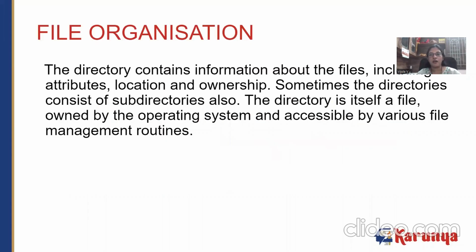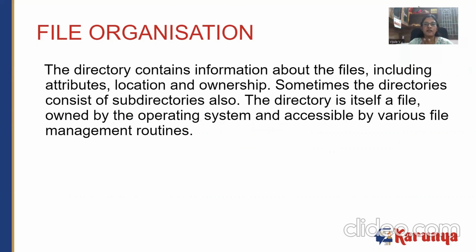So coming to file organization, it simply means that we have two common terms here, directories and files. What does a file contain? A file contains all the information or the data that we want to store within it. And what is a directory, and what difference do they make? The directory contains information about the files.